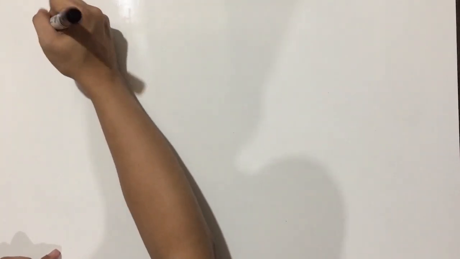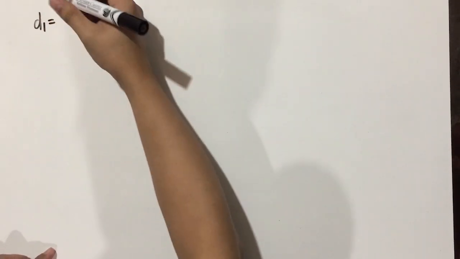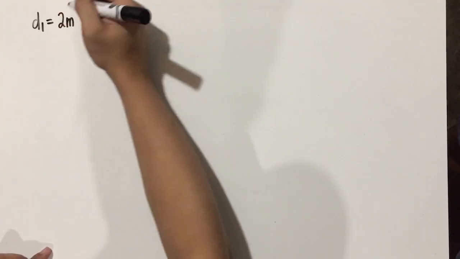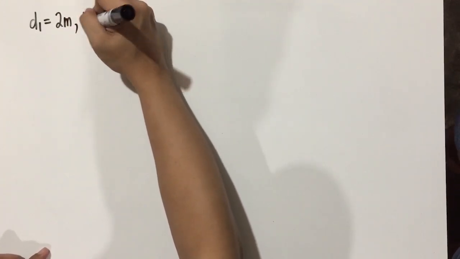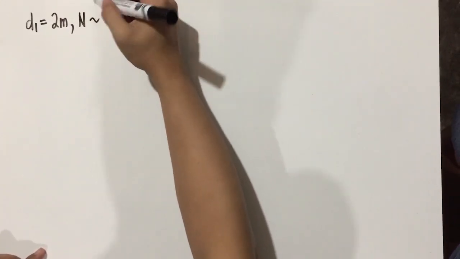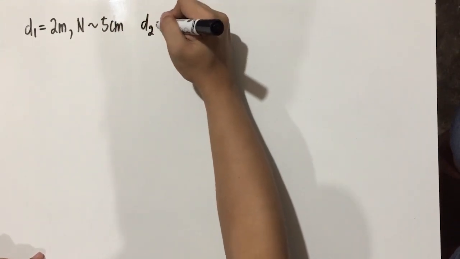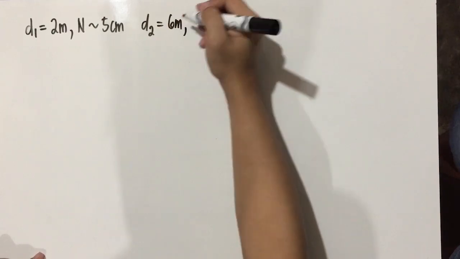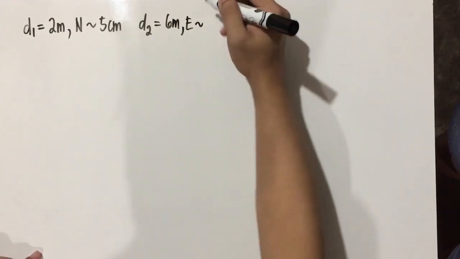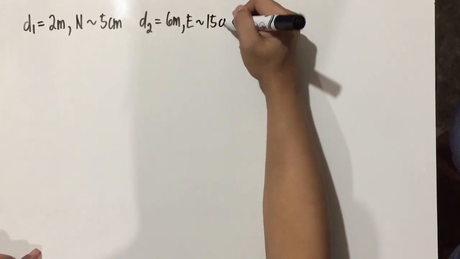Now let's write again our given and the corresponding converted value based on the given scale. So we have 2 meters to the north, and that becomes 5 centimeters. For d sub 2, we have 6 meters to the east, and that becomes 15 centimeters.